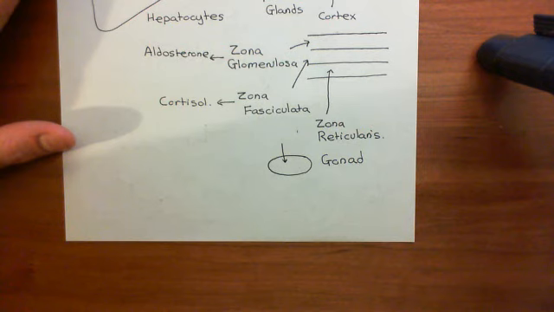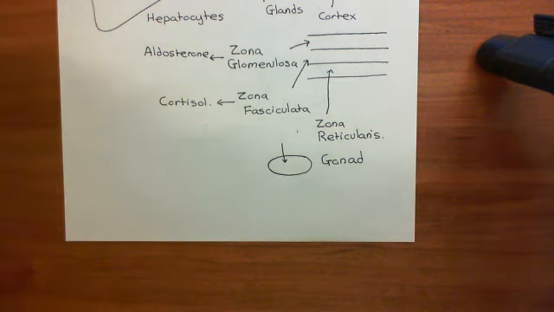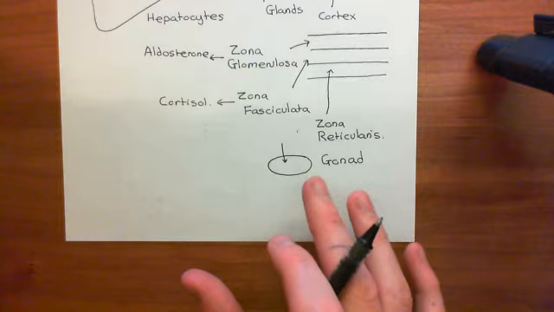LDL is going to be endocytosed completely into the cell, and it's going to be completely broken down, whereas HDL is just going to interact with a receptor in a more normal way, and the receptor will just extract the cholesterol ester from it, and it won't be broken down in the same way that LDL is broken down. We'll focus on these pathways for harnessing the cholesterol within HDL and LDL particles within liver cells rather than the steroidogenic cells.